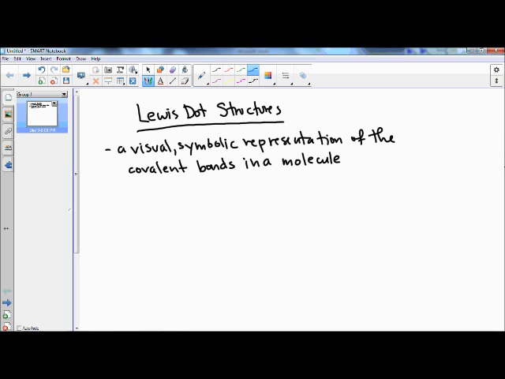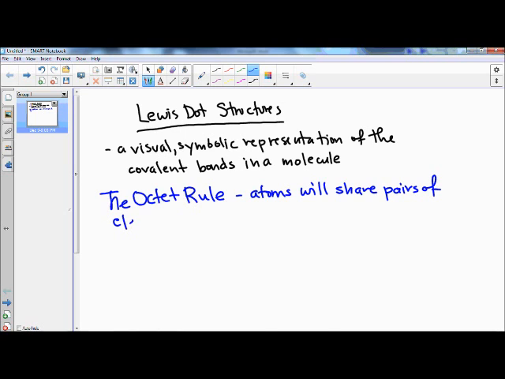Now, one thing that you will have to remember is something called the octet rule. Okay, the octet rule means that atoms will share pairs of electrons to have 8 valence electrons total.